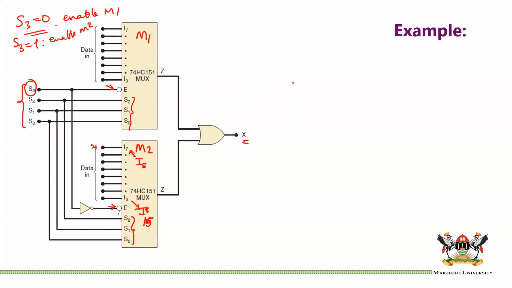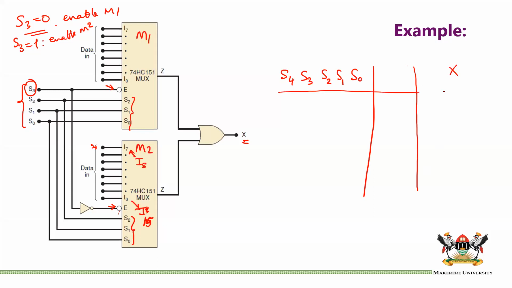Let's try to do a truth table and see. So I have S3, S2, S1, S0, and then I can have my X. We can start from S3 as 0, and everything 0, 0, 0, 0, all the way to 0, 1, 1, 1. In this case, M1 is enabled.